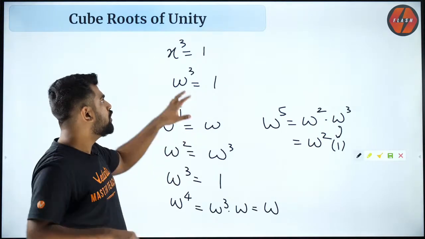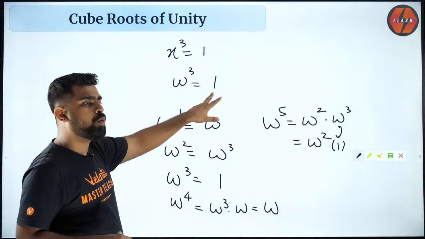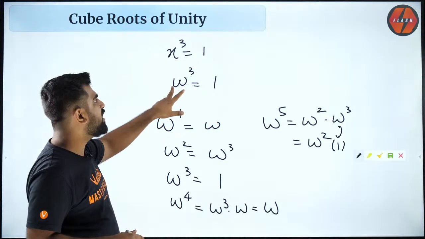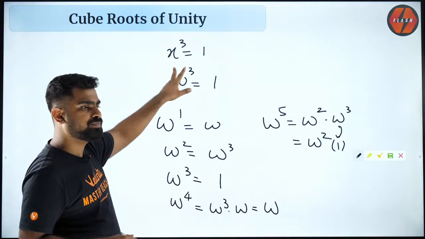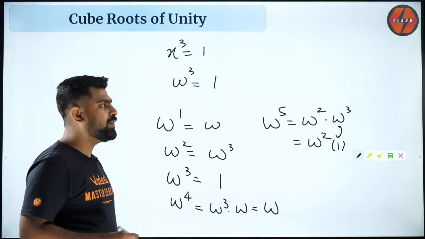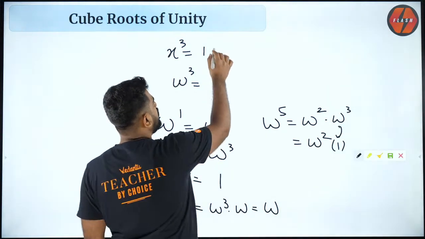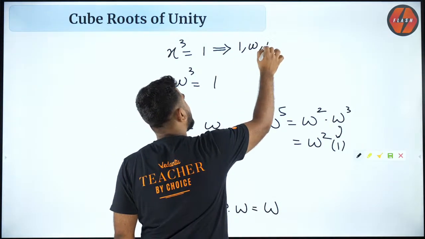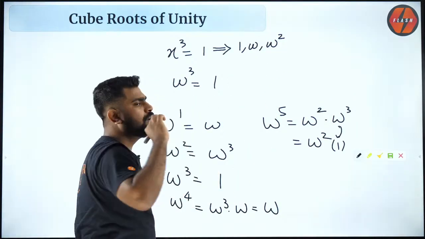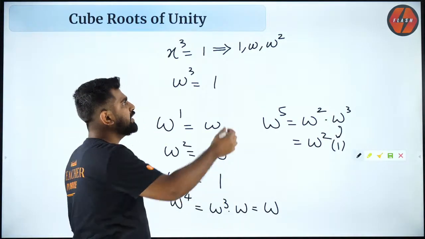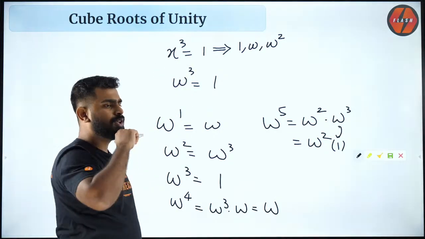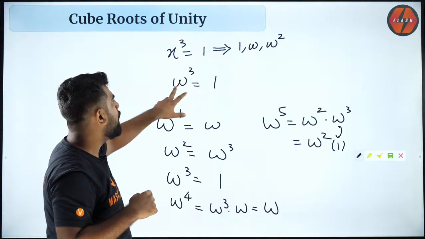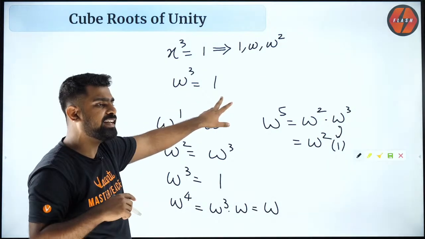So Deepak, omega cube is equal to 1. Because omega is a root of x cube minus 1. Yes, I will explain it again. Please listen. This has roots 1, omega and omega square. Root means it has to satisfy the equation. So if it satisfies the equation, can I say omega cube is equal to 1, Kirito?